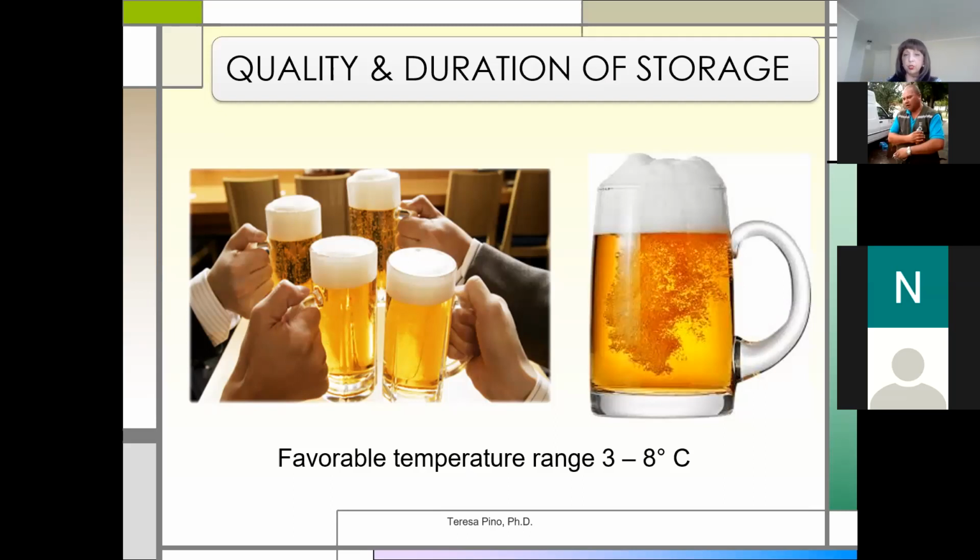The favorable temperature for beer is anywhere between 3 and 8 degrees Celsius. So they gotta be cold, not frozen, but cold. Not frozen because it disappears the flavor and the color. And when the temperature is above the 8 degrees, the same thing happens. It changes color and it changes the taste.